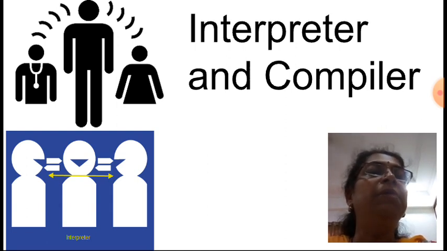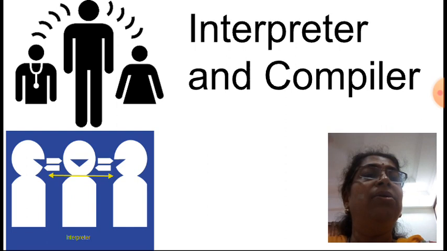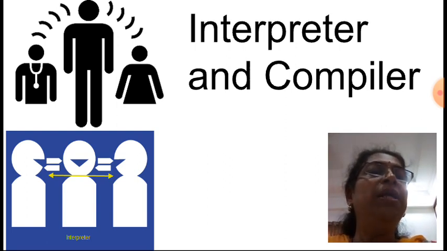Now these translator programs are of two types, interpreter and compiler. In an interpreter, each line of the program code is translated, and if there is an error, it shows the error immediately. After rectifying that error, only then will it go on to interpret the next line of the same program.